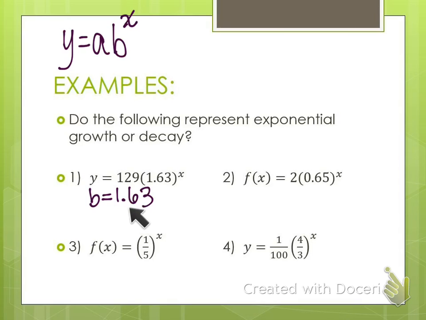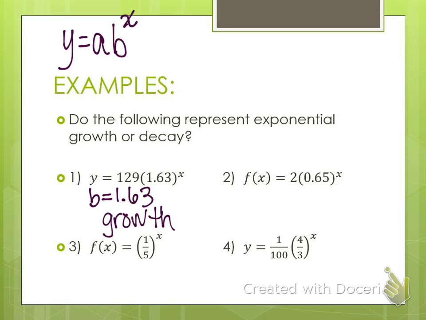Is this number bigger or smaller than 1? Bigger, which makes it growth. So earlier when I said b being a decimal makes it decay, that doesn't mean any decimal or any fraction. It means ones that are smaller than 1. So if this had just been 0.63, that would have been different.